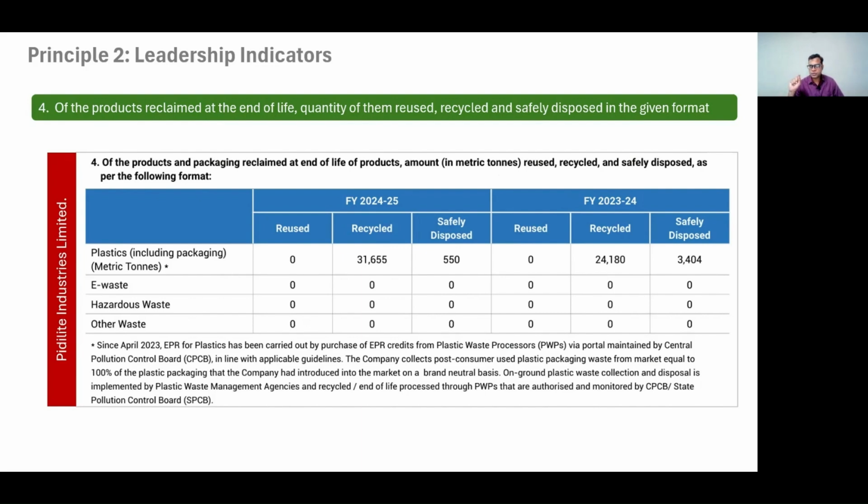No, the brand name does not matter here. What matters is the category of plastic. If Pidilite Industries Limited has introduced 100 tons of rigid plastic in the market, it has to recycle 100 tons of rigid plastics from the market. And obviously, it will do it through purchasing EPR credits.